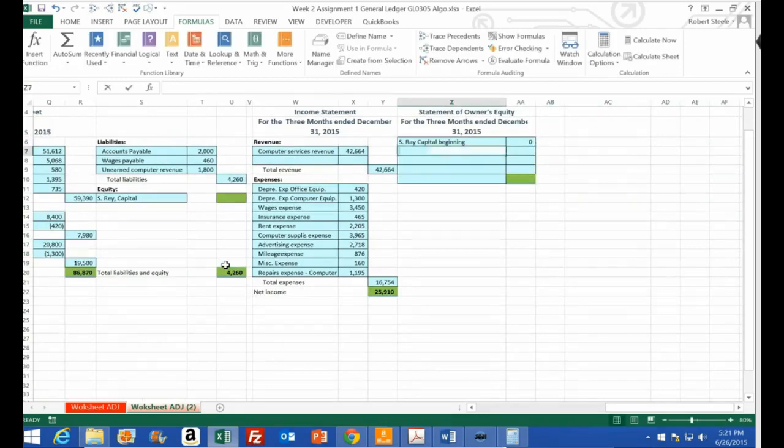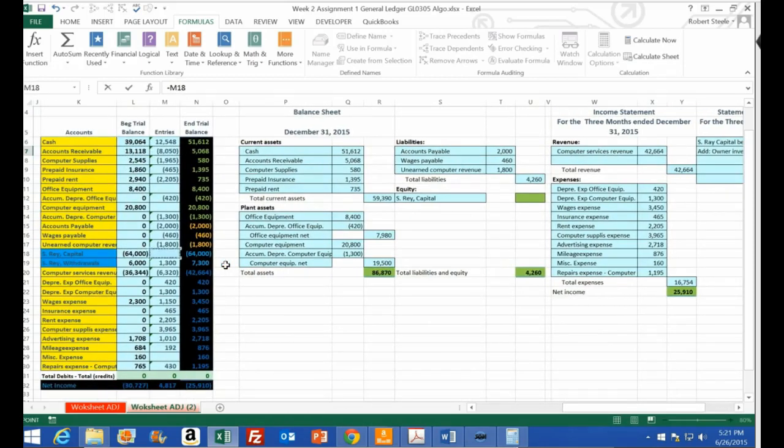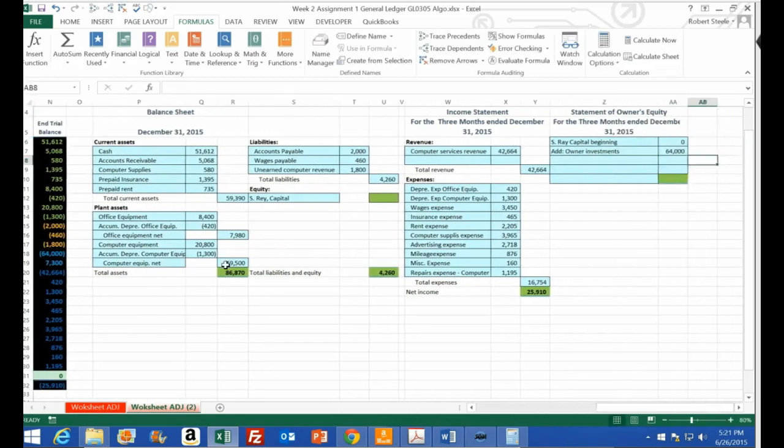Then Ray added, so we're going to add owner investments, and the investment was, I'm going to put a negative of this number. So the investment is going to increase it, and then we're going to say add, what else is it going up by? It's going to go up by net income, which is what we just calculated.